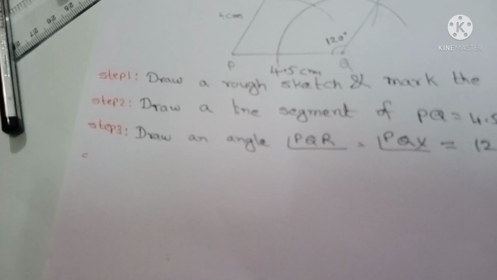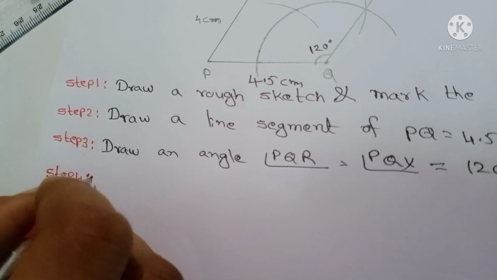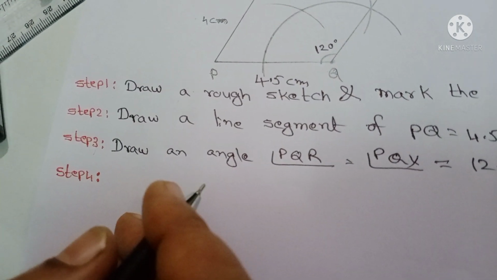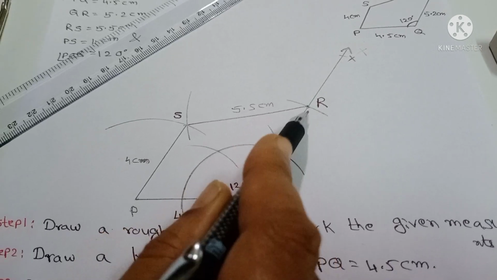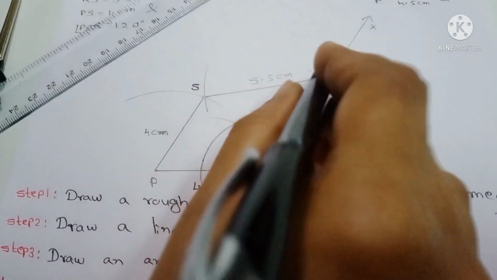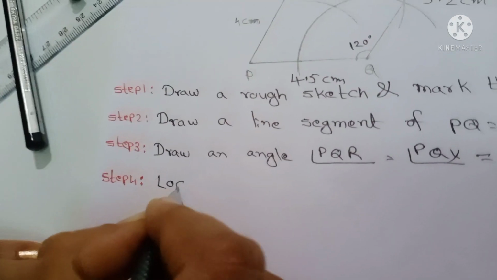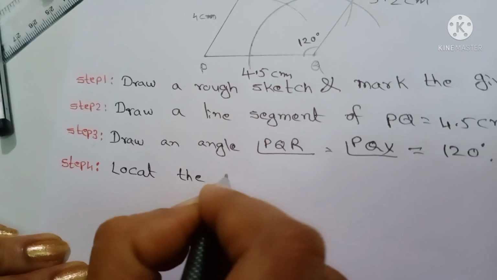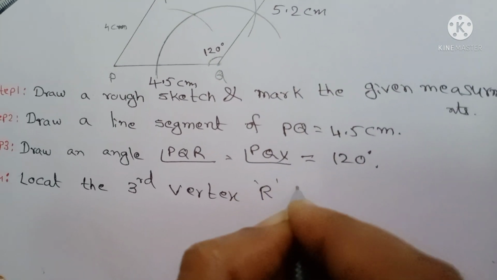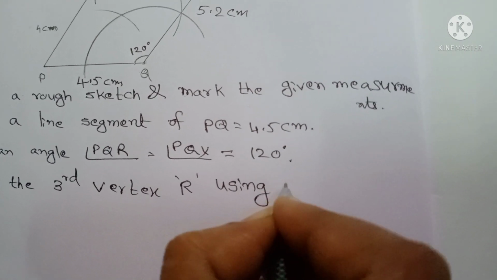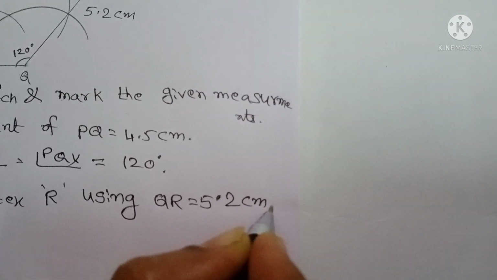Next, step 4. Locate the third vertex R using QR equal to 5.2 centimeters.